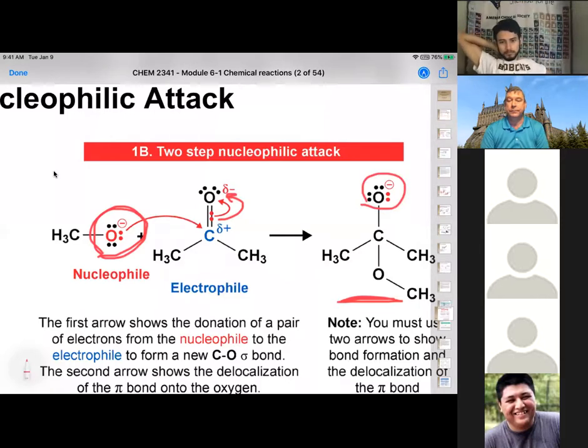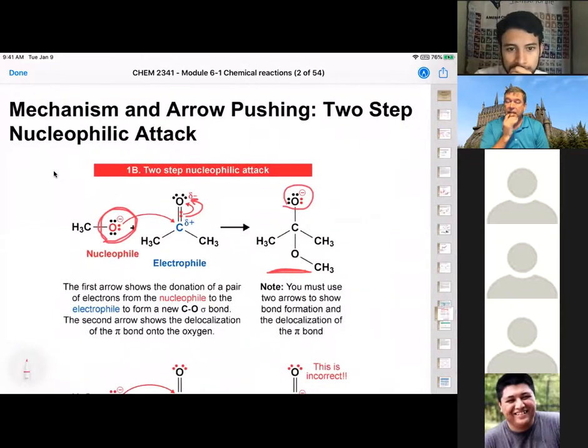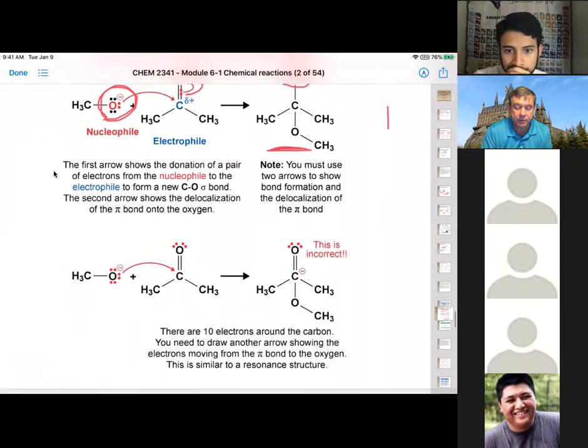Now in the previous one we had a negative and a positive and it went to a neutral species. Well, this is a two-step attack because we typically want to somehow get back to a neutral species. However, we cannot break the rule about having 5 bonds to carbon.